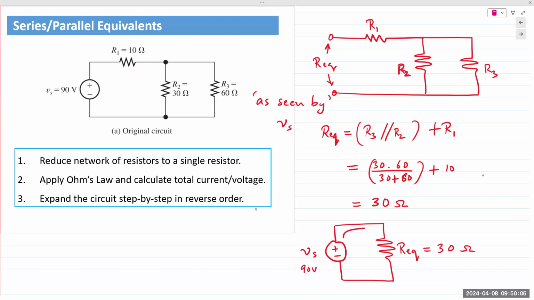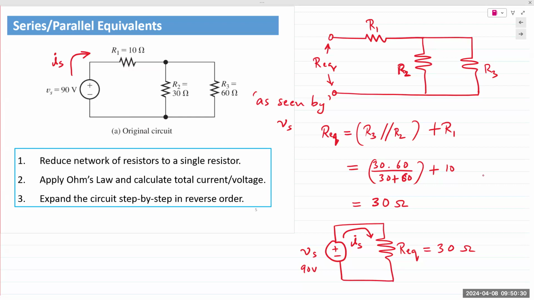And I'm going to say that there is a total current Is that is flowing in the circuit. And that Is, of course, comes from the source, in the logical direction based on the rules. For a supply, it goes from minus to plus. So it's going up.